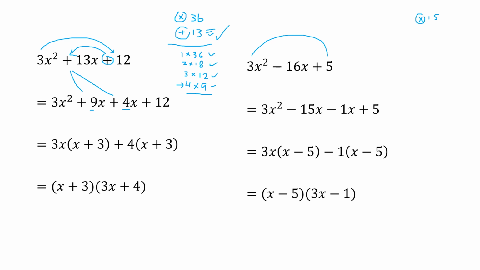And this sign is plus, so we need something by plus, and that is the middle number 16. Okay, so we go for the factors of 15, so 1 15s are 15, then 3 5s are 15.